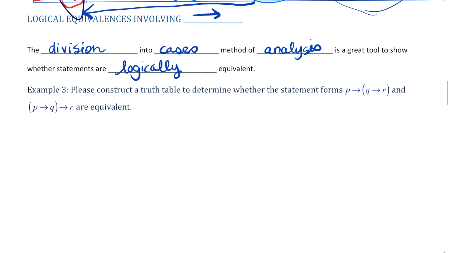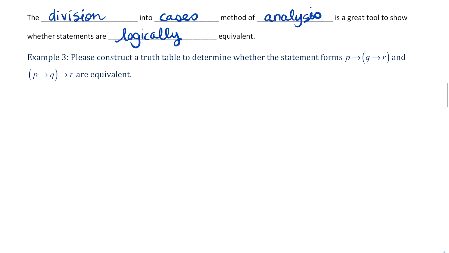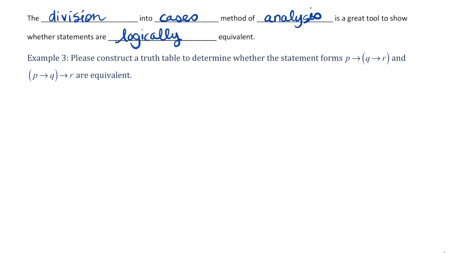So please construct a truth table to determine whether the statement forms if P then Q then R, and if P then Q then R are equivalent. Remember, when you've got 3 statement variables, you're going to have 2 cubed or 8 lines, 8 rows. So we'll have Q and R. And let's see what else.